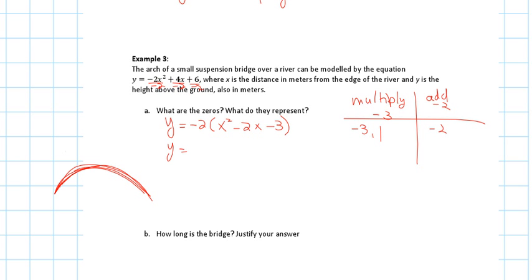So in this case, my two zeros are x = 3 and x = -1.